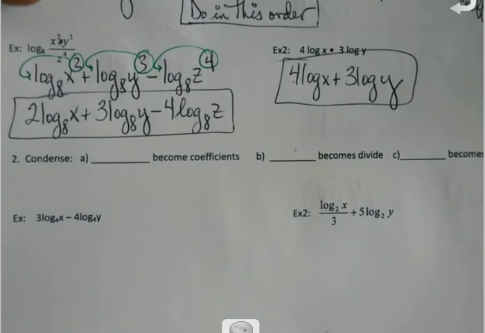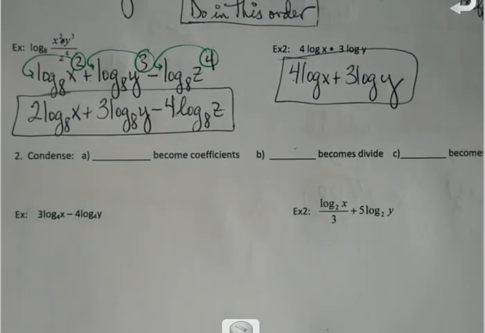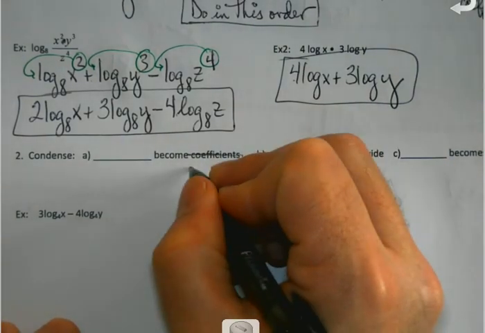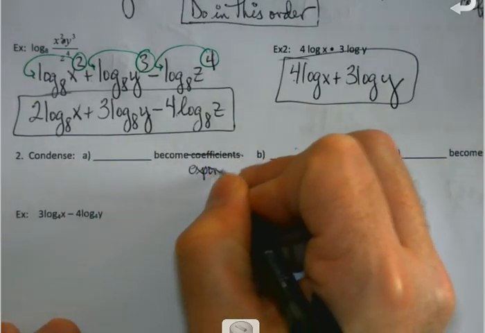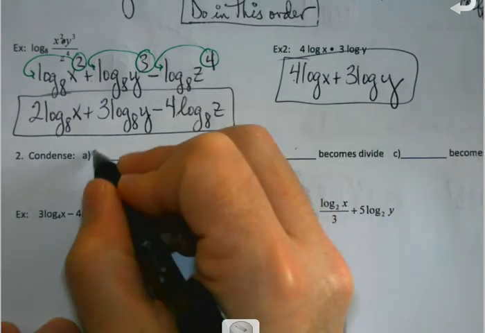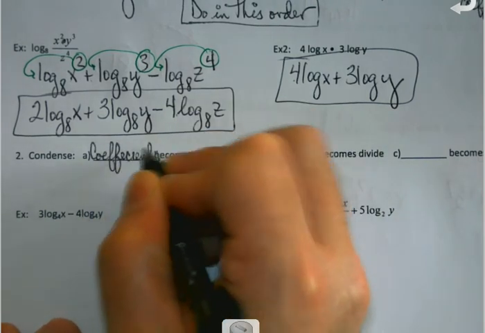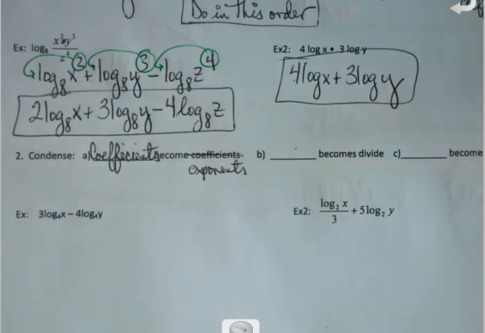And then when we get to the bottom here, the end, and we're condensing, we're doing the opposite. We're taking something that's really expanded and we're squishing it down into one logarithm. Everything just goes backwards. So again, my apologies that I'd flip-flopped these. So down here, notice in our order of to-do list, coefficients are now first.